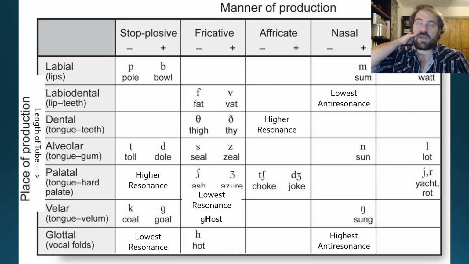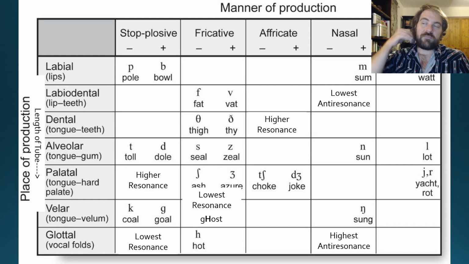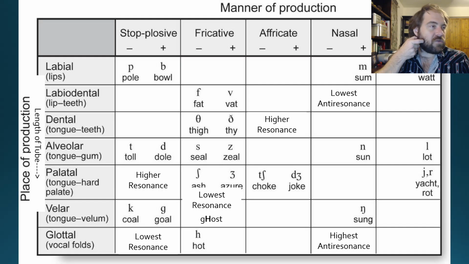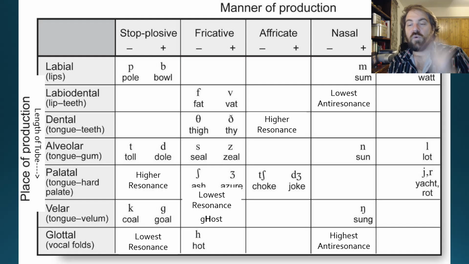That's all due to the size of this unused cavity in here, the mouth, the size of the mouth. Like what wavelength of air can get trapped inside the mouth. And then wa is a lot of lip rounding, like an O or an oo. Ul and r are kind of their own thing, and then ya is very similar to an e.